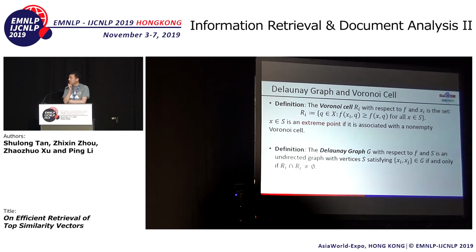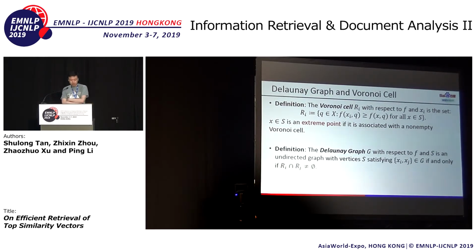It is very interesting that in the inner product case, not all the Voronoi cells are non-empty. That means given the data set, we already know some of the vectors cannot be returned. If a vector in the data set has a non-empty Voronoi cell, then we call it an extreme point.